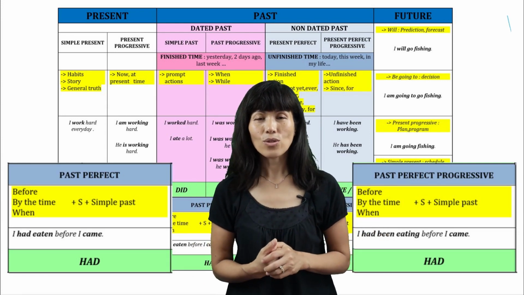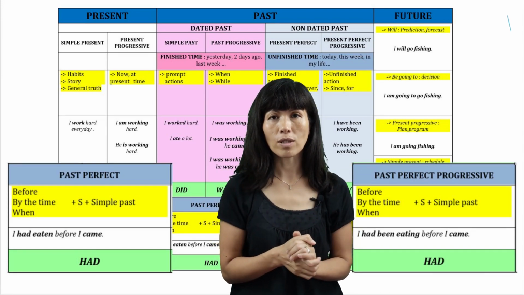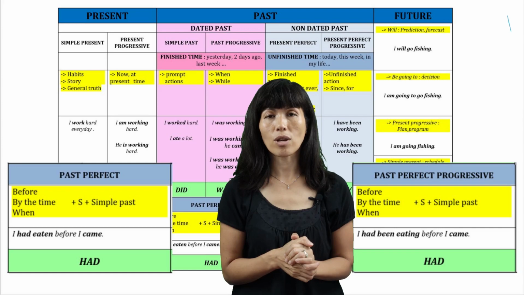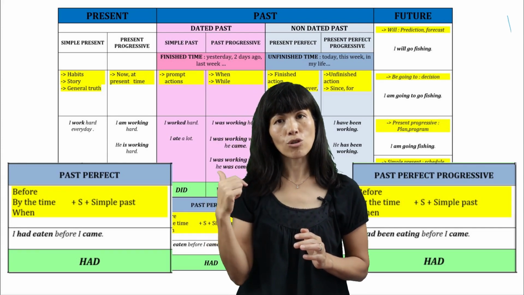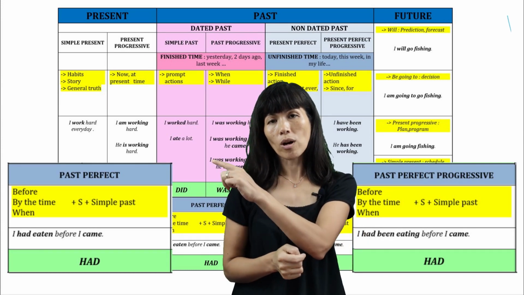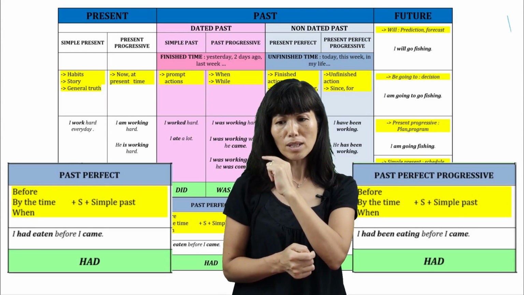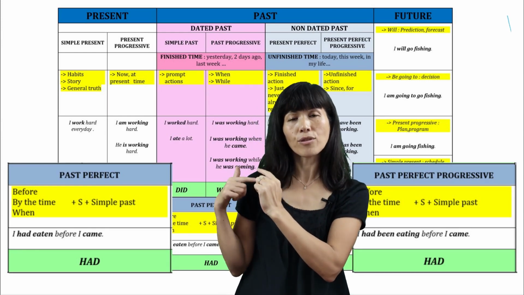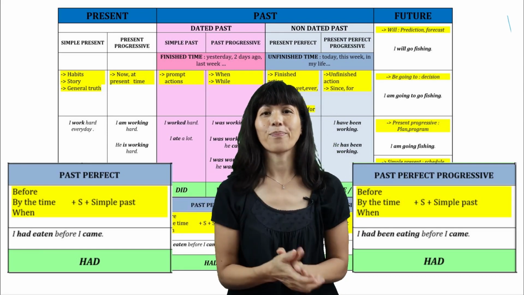Yes, so that is possible. You can only use the past perfect with a simple past, and you simply follow the example I have given in the chart. Yes, okay, so the chart says before plus a subject plus a verb in simple past, and after that you coordinate with a past perfect, right? So very easy.